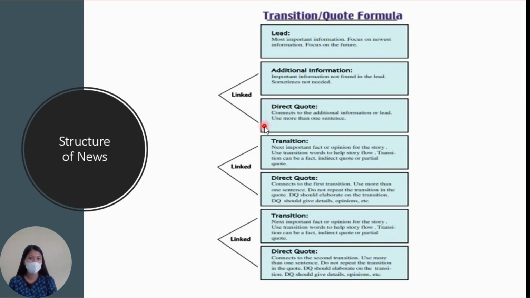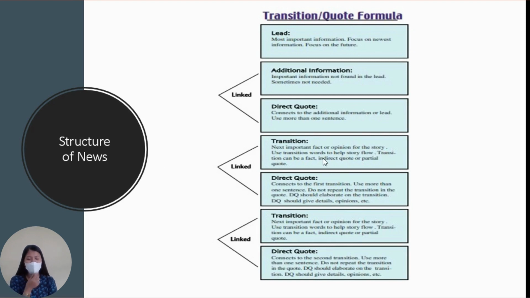After a direct quotation, you would be transitioning again using a sentence that could be a fact or that could be words that would connect the story to the direct quote. It could be a fact, it could be an indirect quotation, or it could also be a partial quotation.